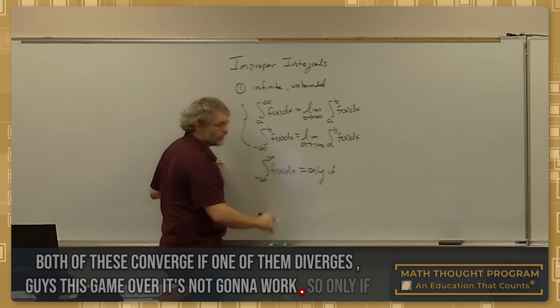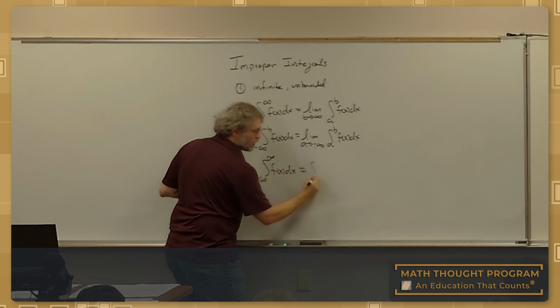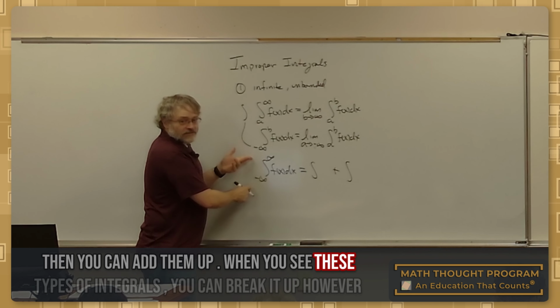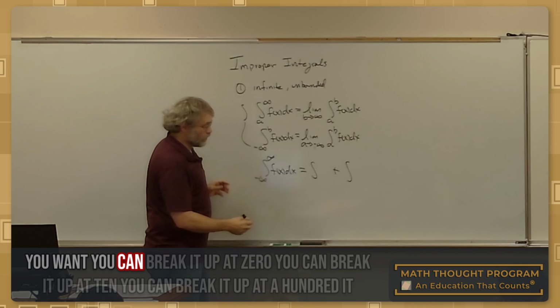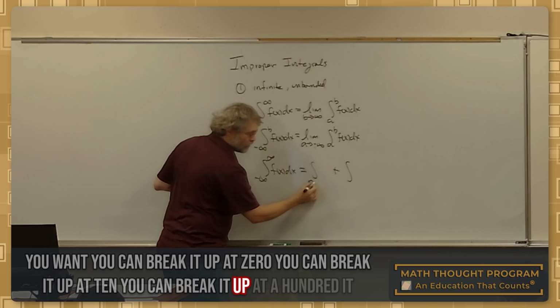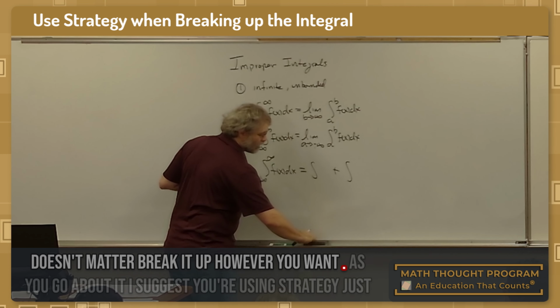It's not going to work. So only if they both converge, then you can add them up. When you see these types of integrals, you can break it up however you want. You can break it up at 0, at 10, at 100. It doesn't matter.